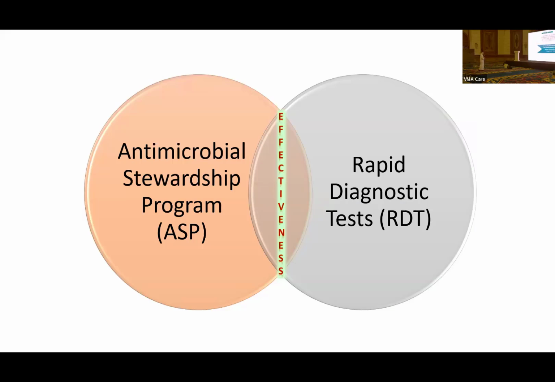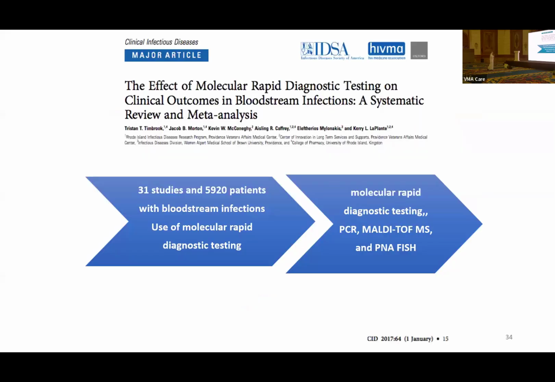So I'm going to go quickly. This is one of the studies published in 2017 about the effect of molecular rapid diagnostic tests on the clinical outcome of bloodstream infection, a systematic review and meta-analysis. They included 31 studies, more than 5,920 patients with bloodstream infection and use of molecular rapid diagnostic tests. The types of rapid molecular tests applied were MALDI-TOF, PCR, and PNA-FISH.